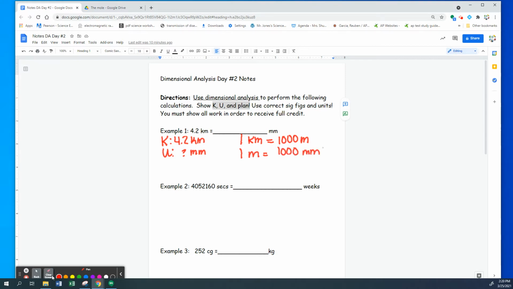All right. I'm going to start with my known and put it over 1. 4.2 kilometers over 1. We're going to multiply, put our known unit on the bottom. The number that goes with that is the 1. Put our second part of our conversion factor on the top.